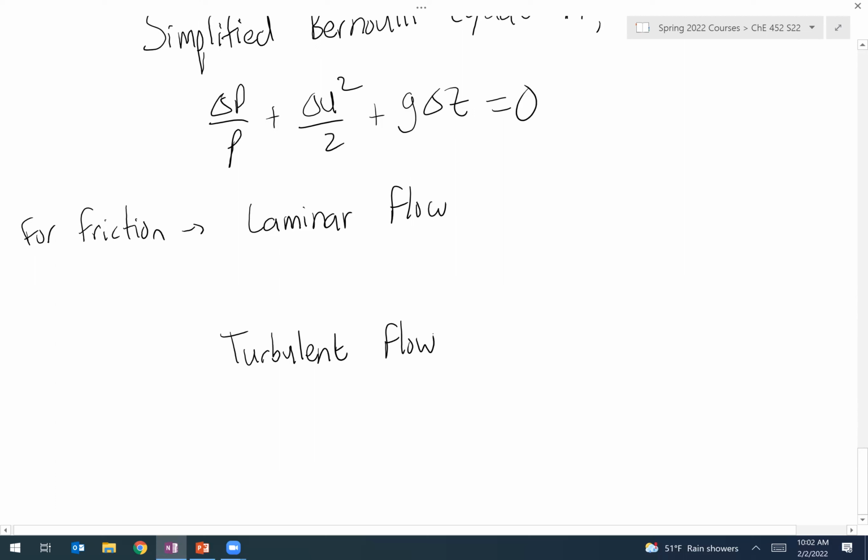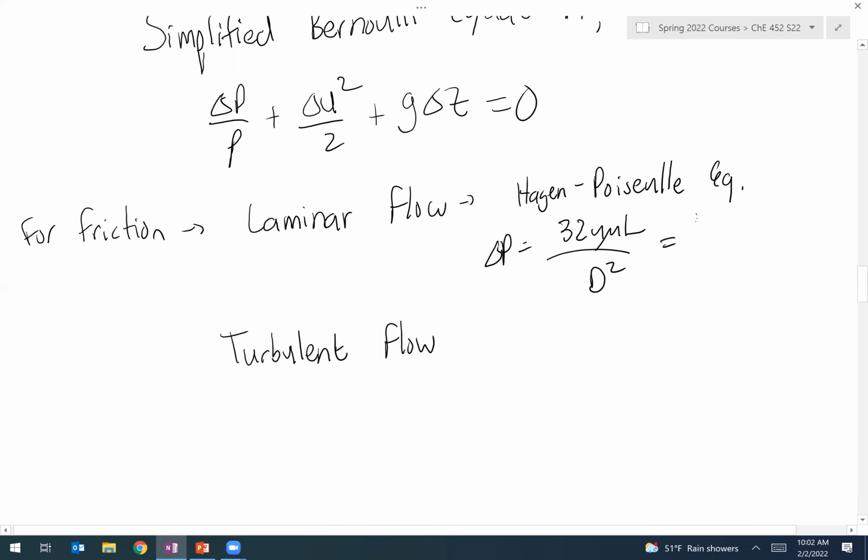For laminar flow, we often apply the Hagen-Poiseuille equation, which states that, in terms of skin friction, delta P is equal to 32 U mu L over D squared, which could also equal 128 V dot mu L over pi D to the fourth, by substituting flow rate for velocity.